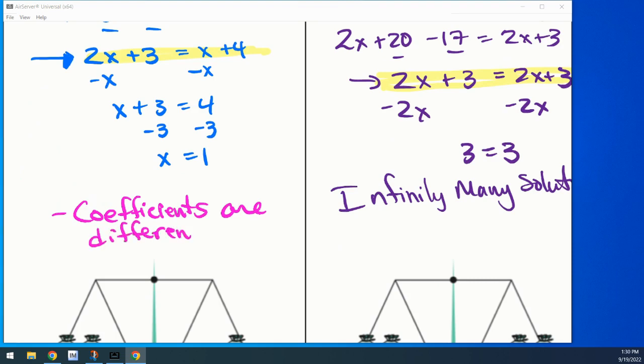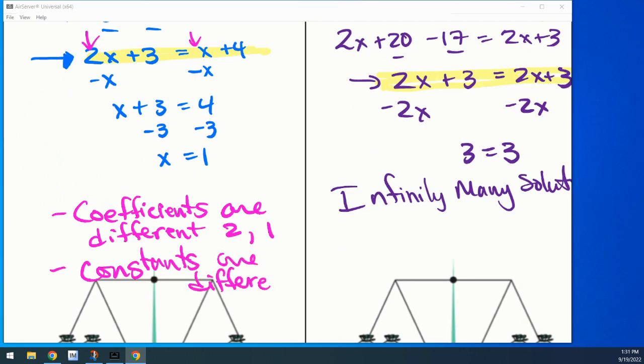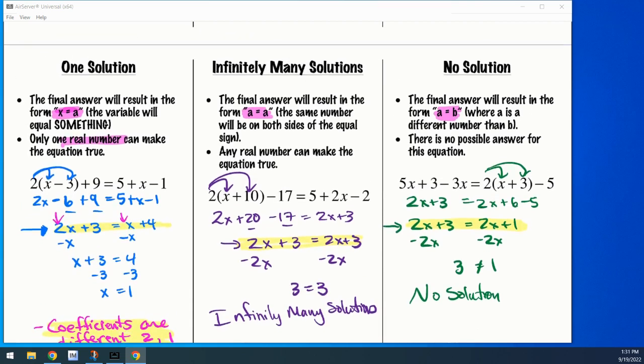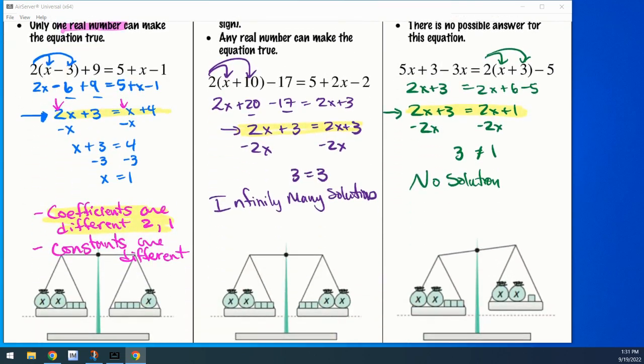If I look at this, we have a 2 and we have a 1. This 2 and this one is invisible, and the constants are different. Now this part right here, the constants being different, this one's not as important. But this one right here, super important for you to understand that if it is one solution, the coefficients are going to be different.